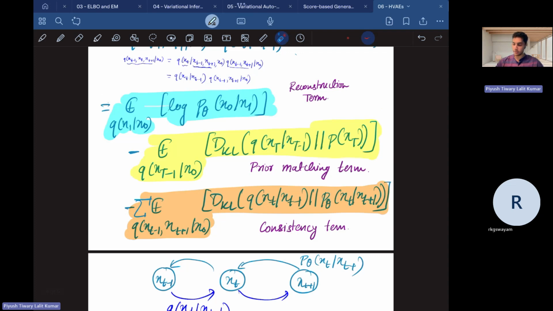You can use this, and you can also look at this paper.